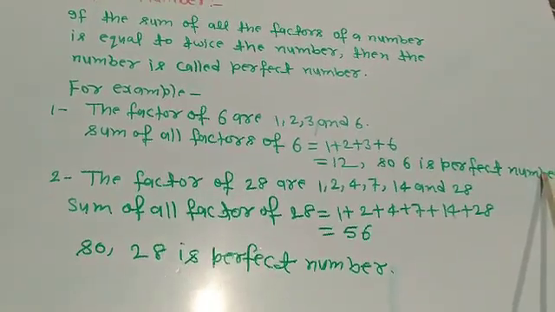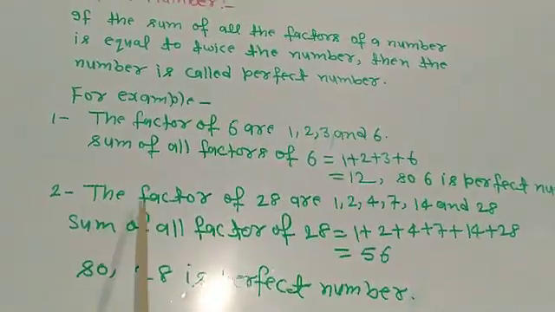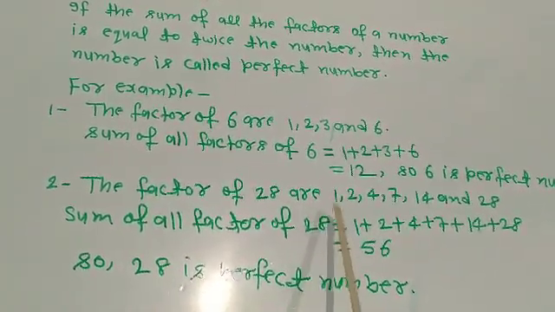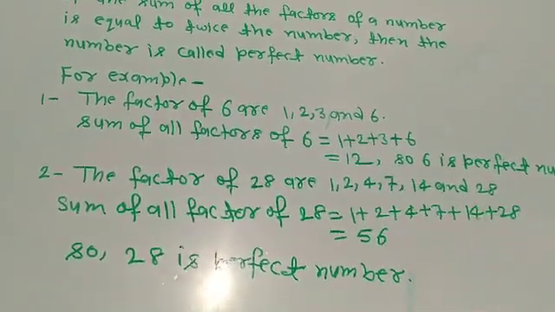Let's see the next example. The factors of 28 are 1, 2, 4, 7, 14 and 28.